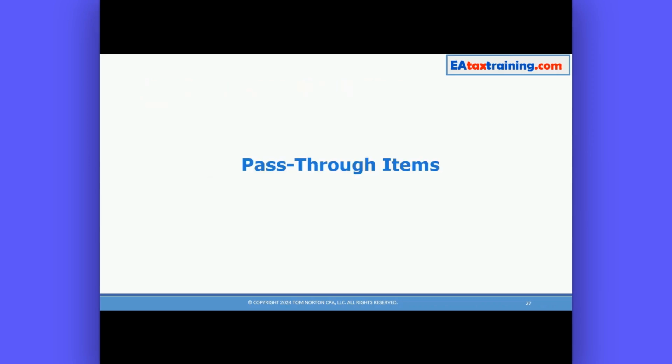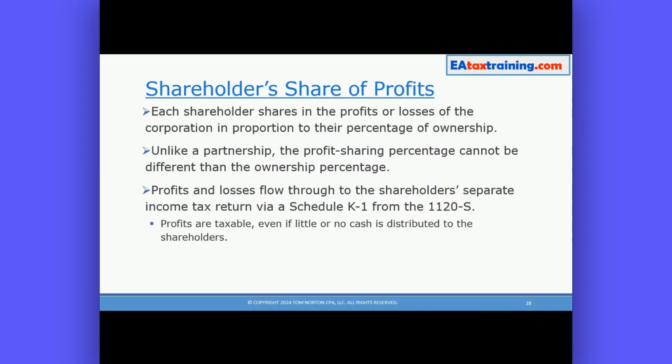Pass-through items. As with a partnership, as we already said, the income from the corporation is going to pass through to the shareholders of the corporation on Schedule K1. Each shareholder shares in the profits or losses of the corporation in proportion to their percentage of ownership.